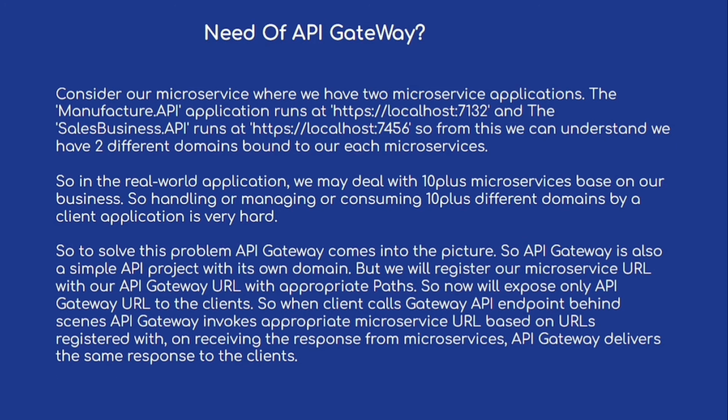Behind the scenes, API Gateway invokes the appropriate microservice URL based on their registration. On receiving the response from the appropriate microservice application, API Gateway returns the same response to the client. So API Gateway is a bridge between the microservices and the client application.